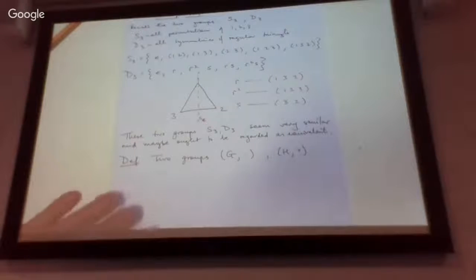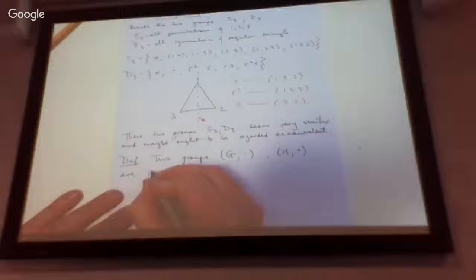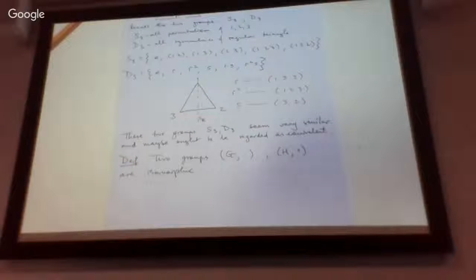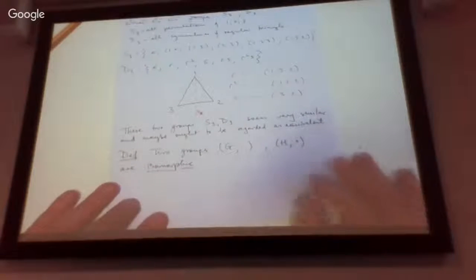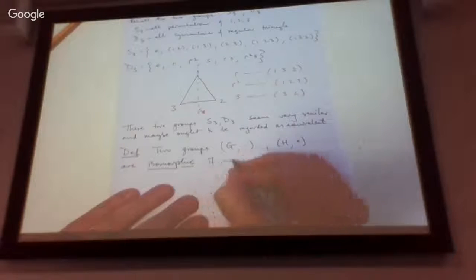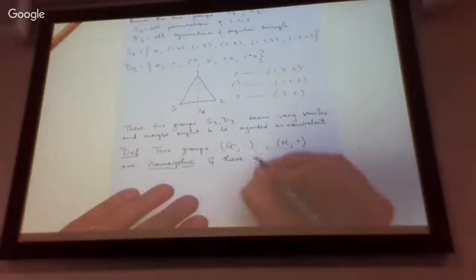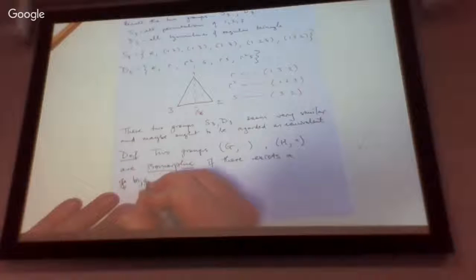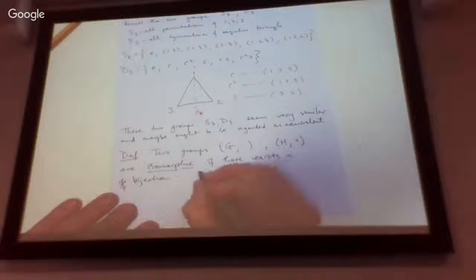Okay? So these two groups are isomorphic. Isomorphic is just a technical term that we use for this, but you should think of it as being equivalent as groups. What we mean exactly is, if there exists a bijection, so there must exist a function between the two groups.